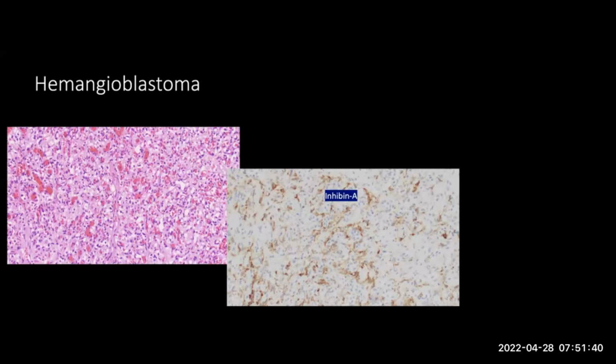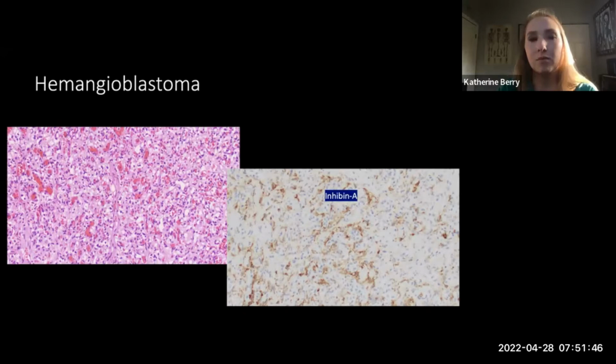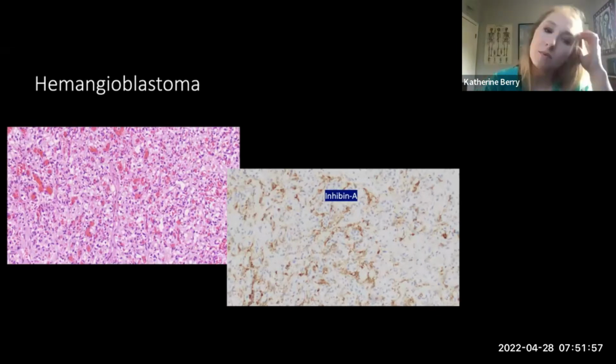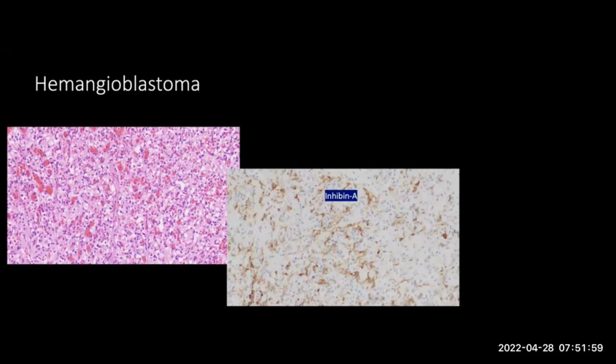But this case really looked on the low-grade side: the cellularity, the nuclear atypia, lack of mitosis, lack of necrosis. It really doesn't look like a metastatic lesion, which would be a little more atypical. Sometimes it's a hard question to answer. Not in this case. Perfect.